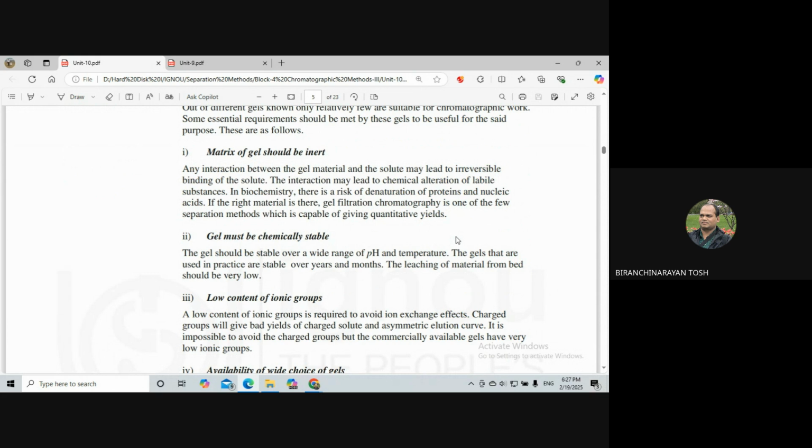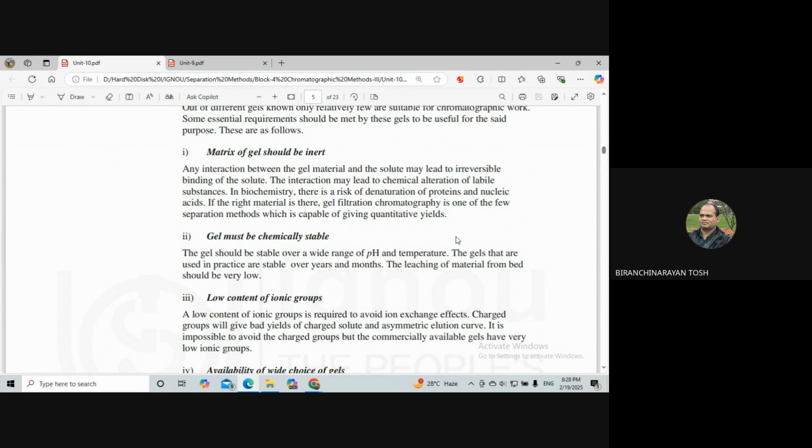In biochemistry, there is a risk of denaturation of proteins and nucleic acids. Therefore, to avoid all these things, the matrix of the gel should be inert. If the right material is there, gel filtration chromatography is one of the few separation methods capable of giving quantitative yields.